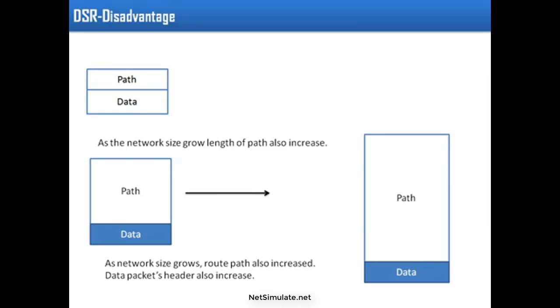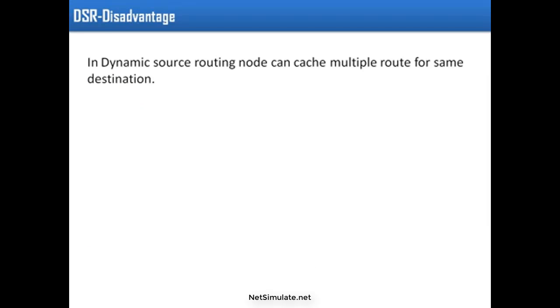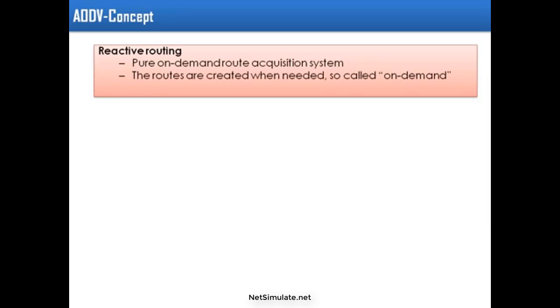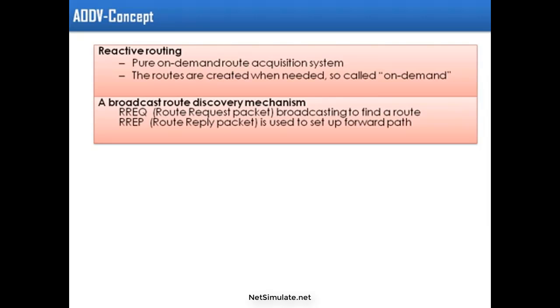The second one: in DSR, for one destination there are multiple routes possible. One node can cache multiple routes for the same destination. Now in AODV, the reactive routing protocol, the route discovery mechanism is similar to dynamic source routing. In order to discover a route, first it sends a route request packet.